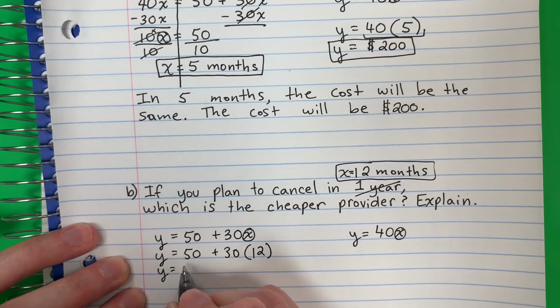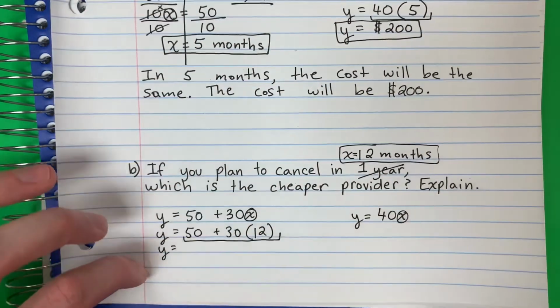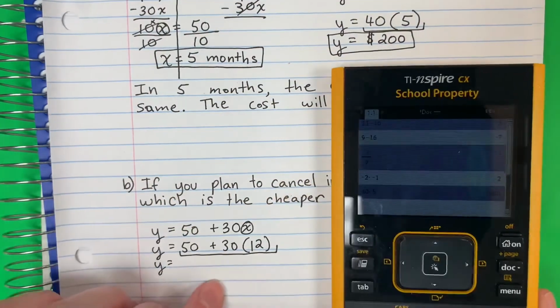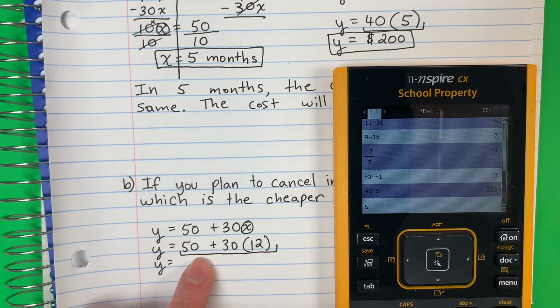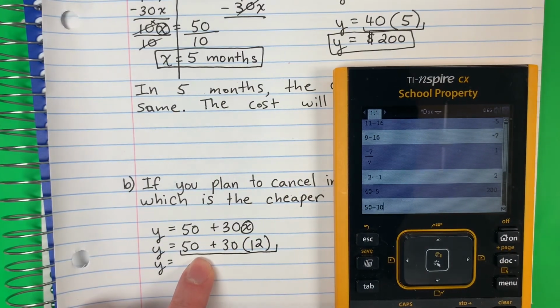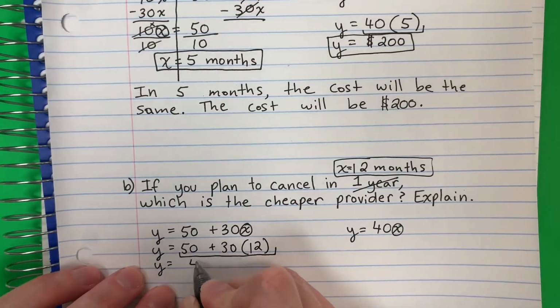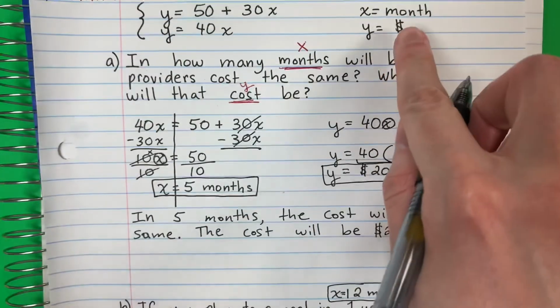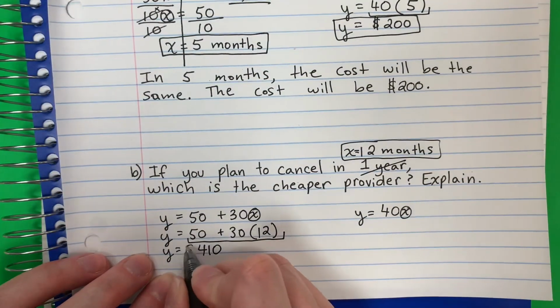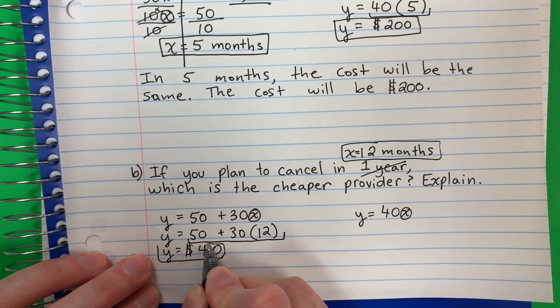Y equals, put this in the calculator, en la calculadora, 50 plus 30, parenthesis 12, 410. And remember, Y is dollars, $410. Okay?